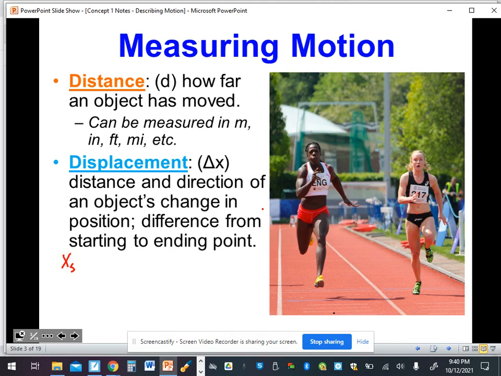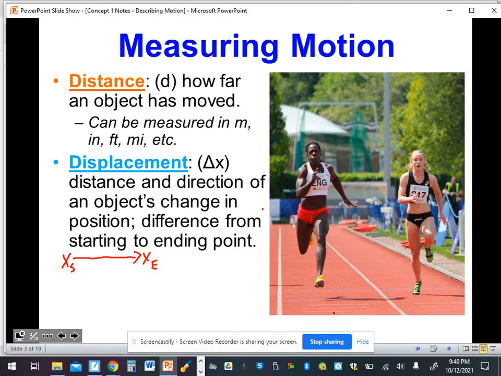If you just kind of want to watch, you can too. So if this is my starting spot, X, and I go this way over here and I end over here and I have another X here. Sometimes I'll just put the E's and the S's. Sometimes I won't put the X's, but I usually like to indicate what my starting spot is and what my ending spot is, especially if I'm dealing with displacement.